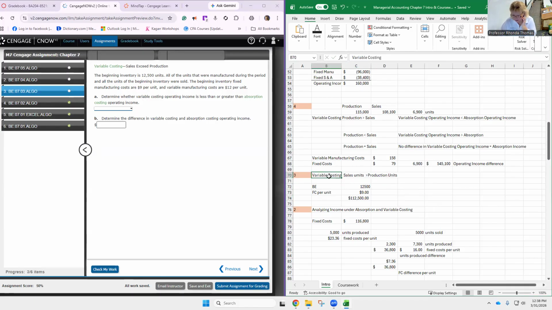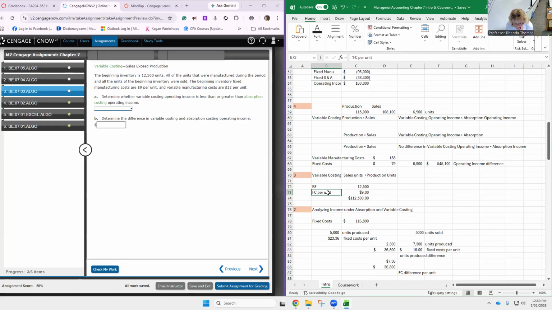So just the opposite then, the opposite of what we were just learning, right? Okay. So what's the rule? If sales units are bigger than production units, then you look at the beginning inventory, which was 12,500 units. Okay, and it says the beginning inventory fixed manufacturing costs are $9 per unit.